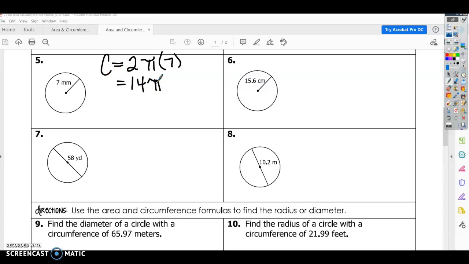And if I multiply 14 times pi, that's going to give me about 43.98. And that's in millimeters.